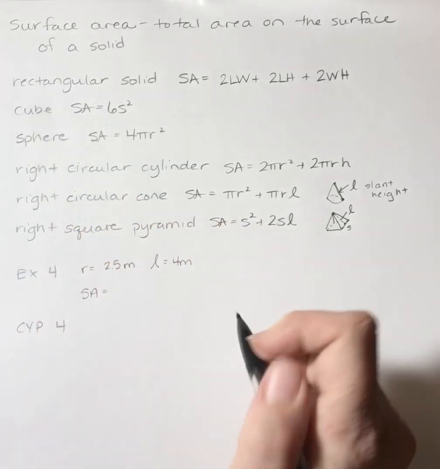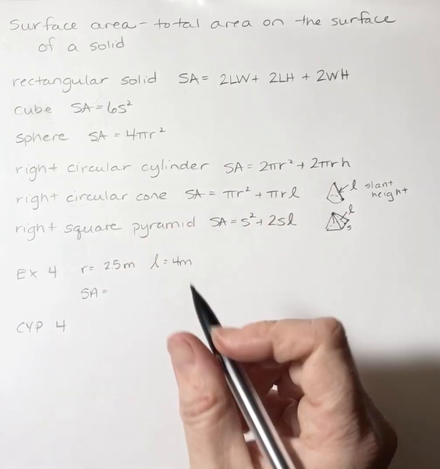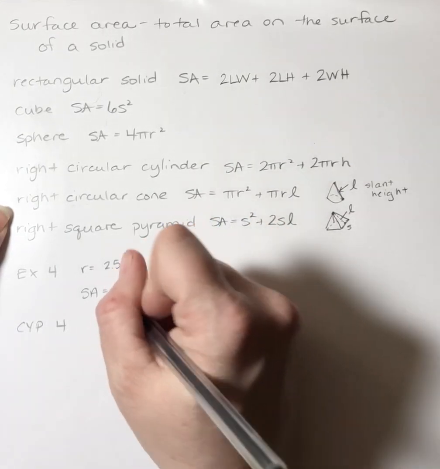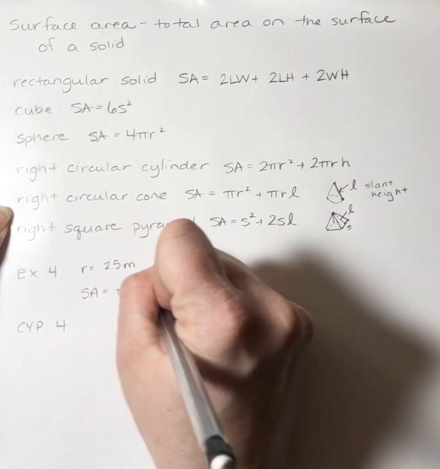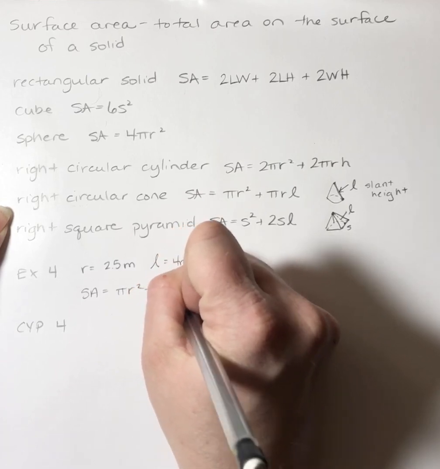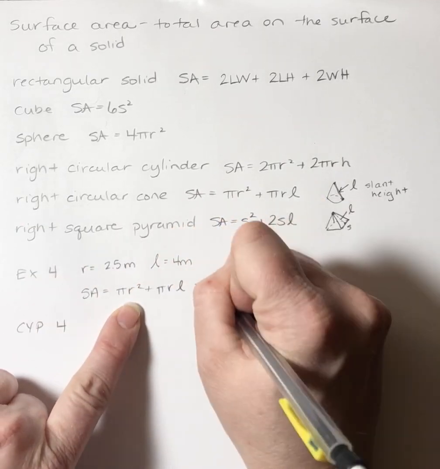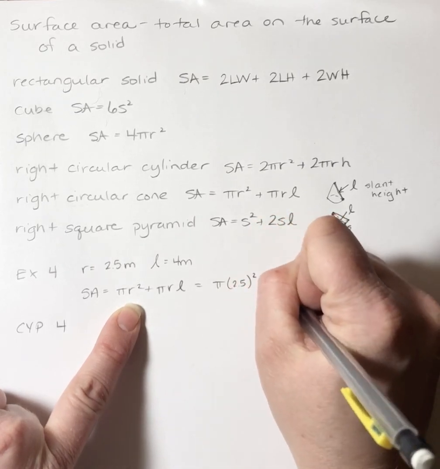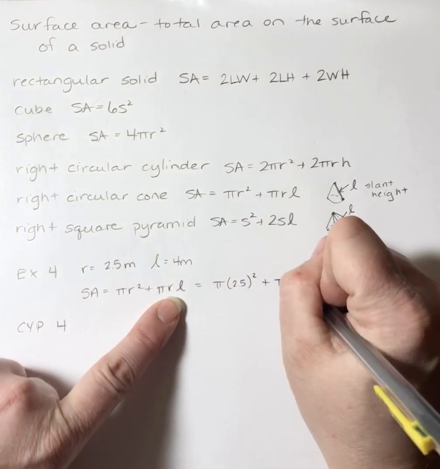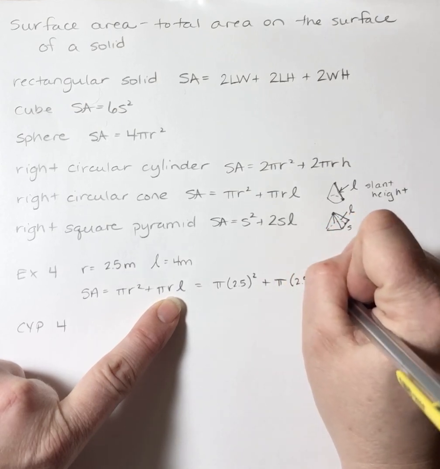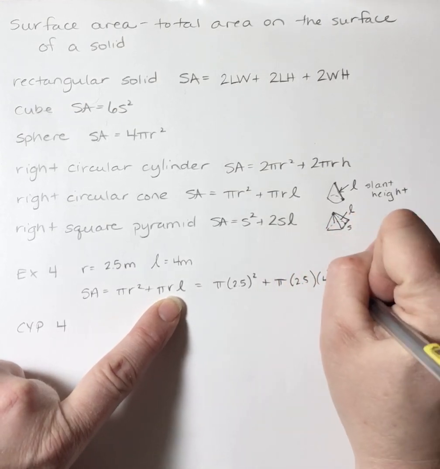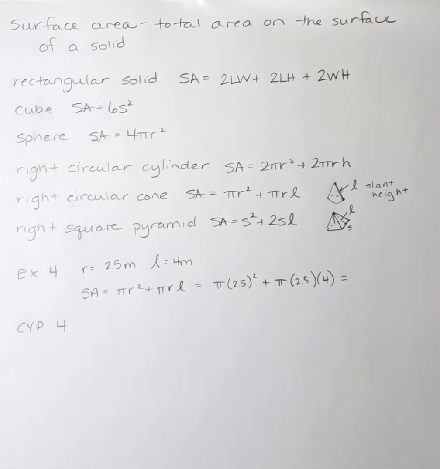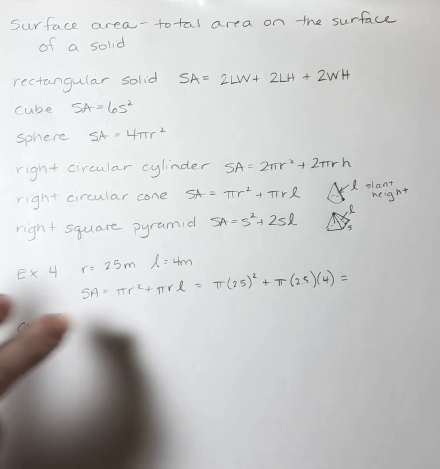So surface area is pi r squared plus pi r l. So pi times 2.5 squared plus pi times 2.5 times 4. And this one says round to the nearest hundredth of a meter.